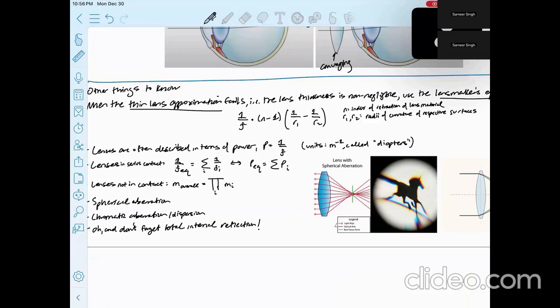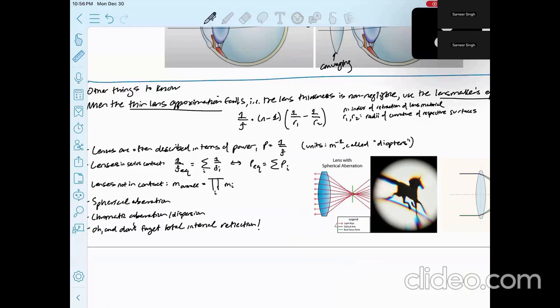So the effective power is just going to be the sum of power one and two and three and four. Alternatively, you can say that the inverse of the equivalent focal length is the sum of the inverse focal lengths, right? Because power is 1 over the focal length.